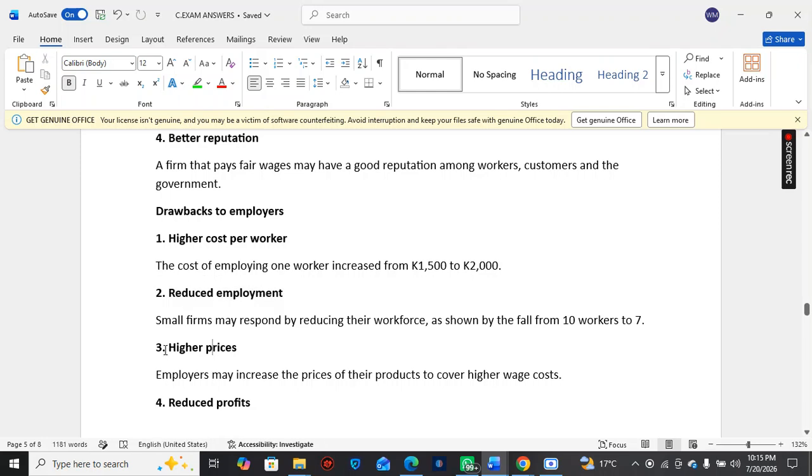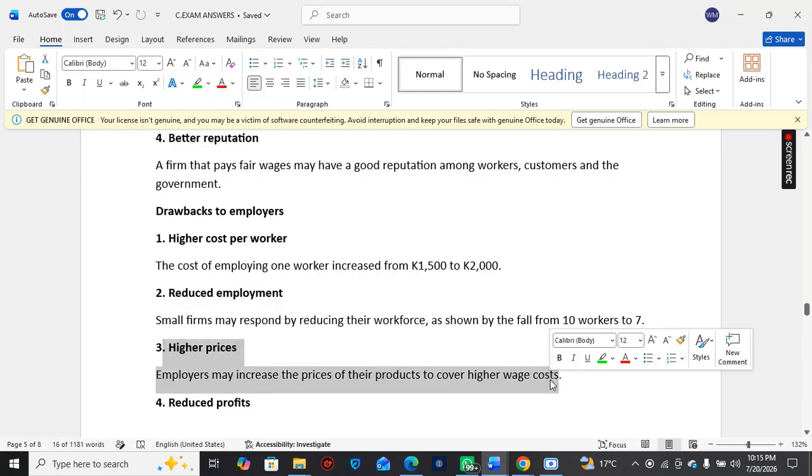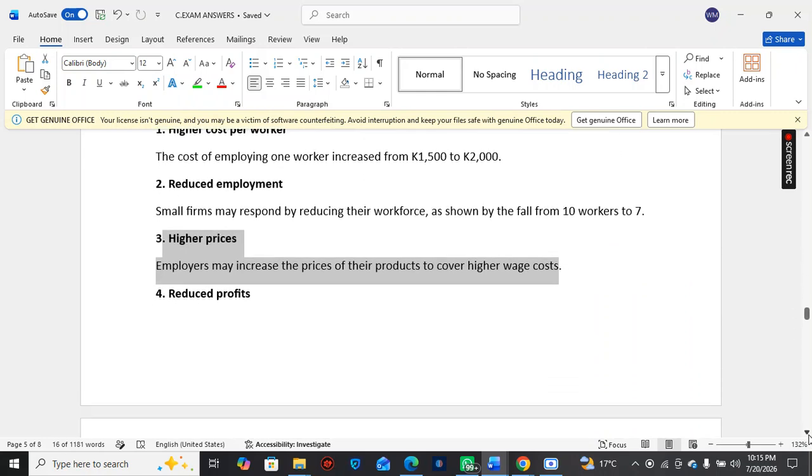Higher prices. To cover these new higher wage costs, they have to increase prices. And when you increase prices, it's now a battle between you and your customers. Reduced profits. The labor cost is a very big cost for a lot of firms.